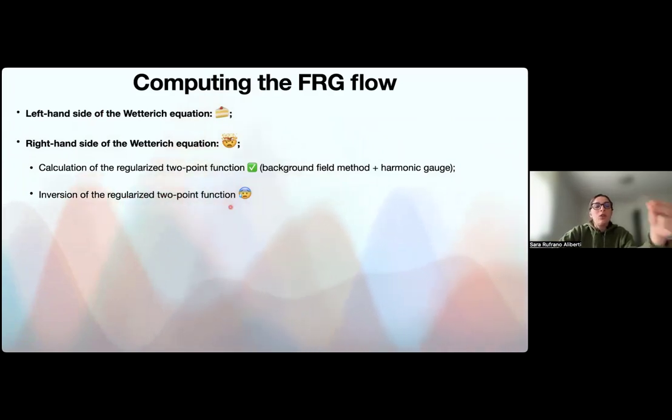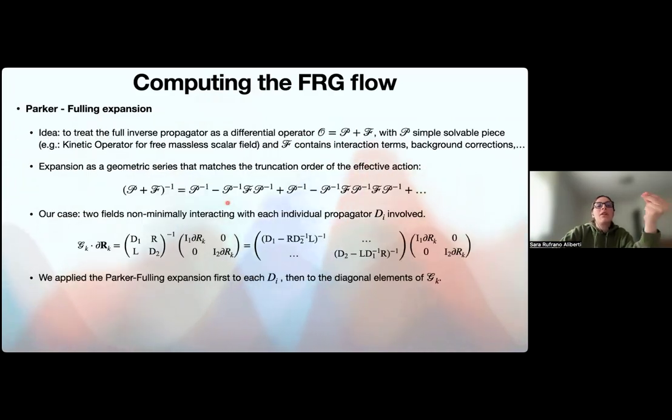In order to compute the regularized propagator, we used the Parker-Fulling expansion. So the idea was to treat the full inverse propagator as a differential operator characterized by a simple solvable piece, for example, the kinetic term in our field, plus all the interaction terms, background corrections, and so on.